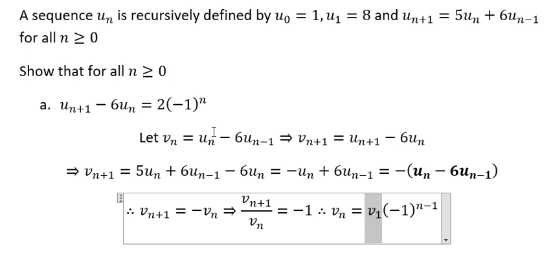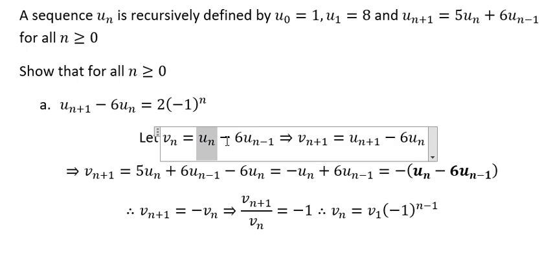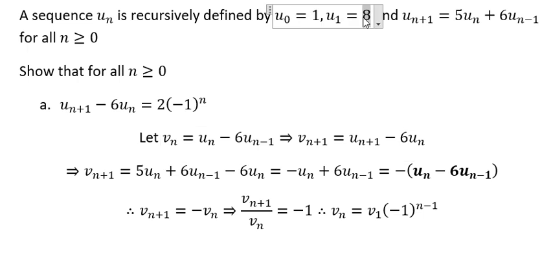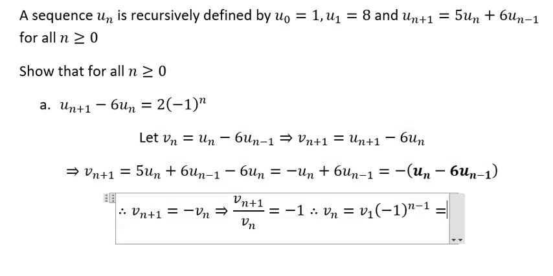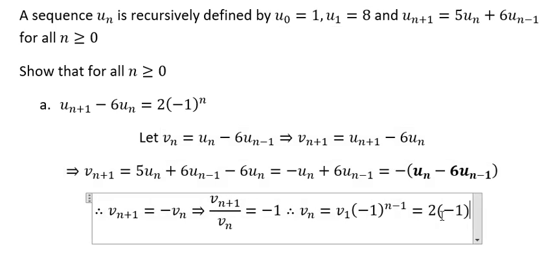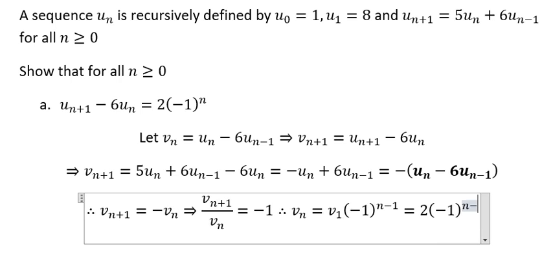Now what is v1? v1 is gotten by replacing n with 1. You're going to have u1 minus 6u0. What is u1? u1 is 8. What is u0? u0 is 1. So 6u0 will just be 6, and 8 minus 6 is 2. So you're going to have 2 times negative 1 raised to the power n minus 1.